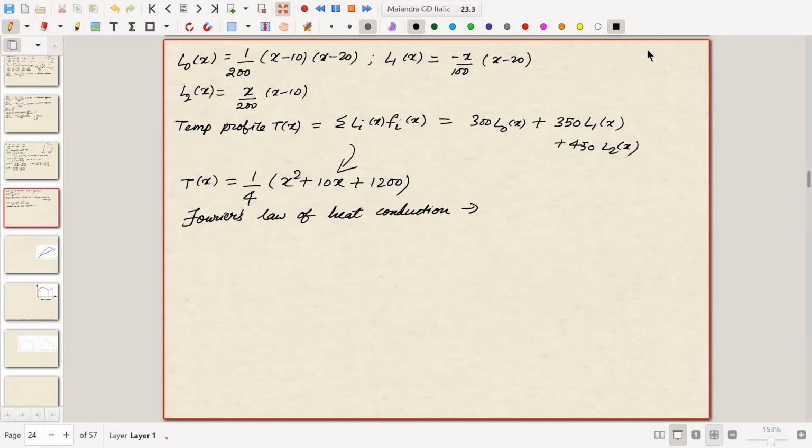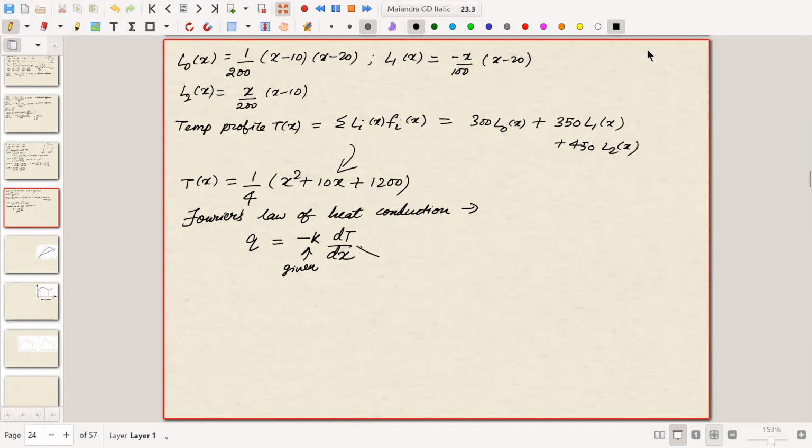So what it says is the heat flow rate per unit area in a one-dimensional slab, which is our case, is given by minus k dT by dx. k will be given to you.